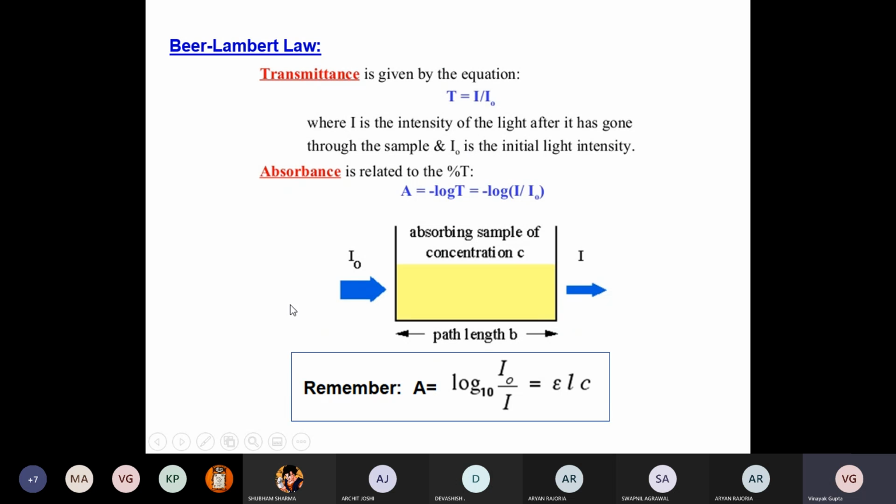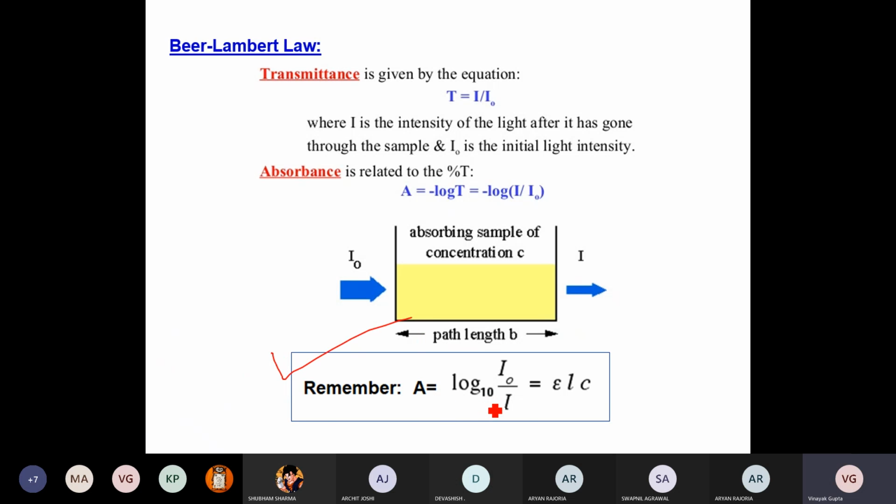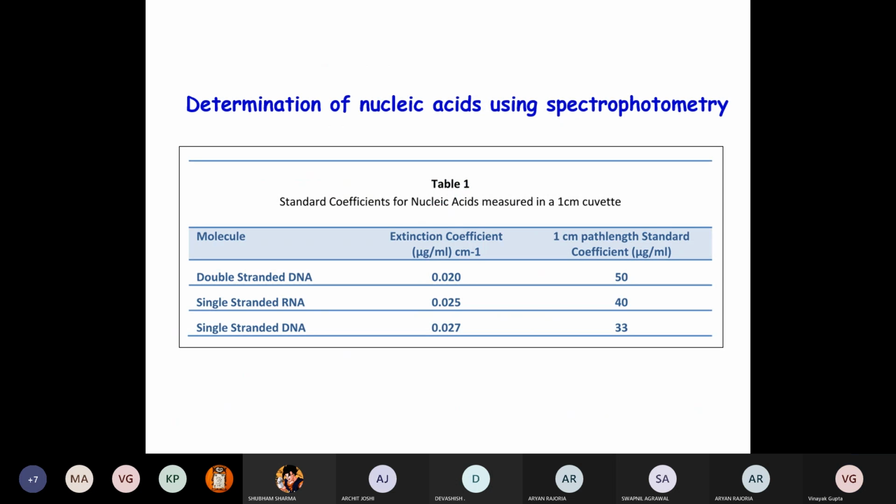So ultimately you can remember this formula: A is equal to minus log T, or log 10 I naught by I, is equal to epsilon LC. You can note down the extinction coefficient for double stranded DNA, it is 0.020, and for single stranded RNA, it is 0.025.